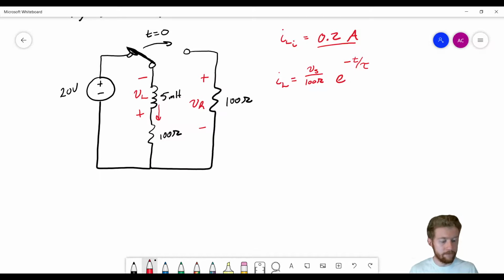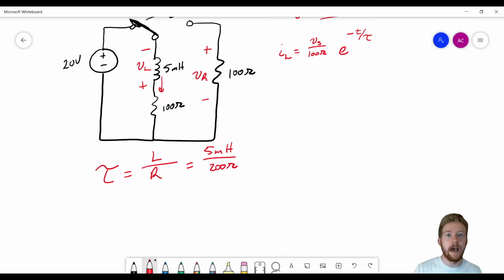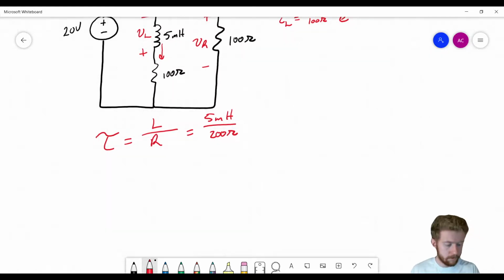So whenever we're calculating tau, it's going to be L divided by the resistance that the inductor sees, which in this case is 5 millihenries divided by 200 ohms, because it's seeing those two resistors in series. So this is what tau is. Let me go ahead and calculate this for you. It's 5e minus 3 divided by 200 ohms, so this is 25 times 10 to the minus 6.